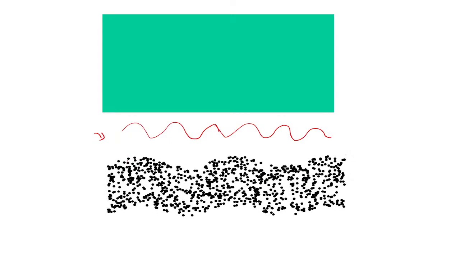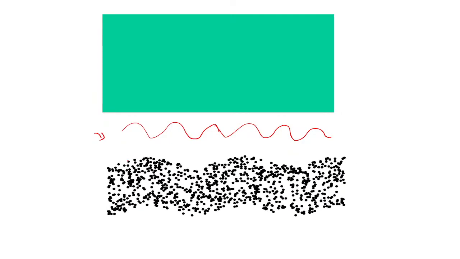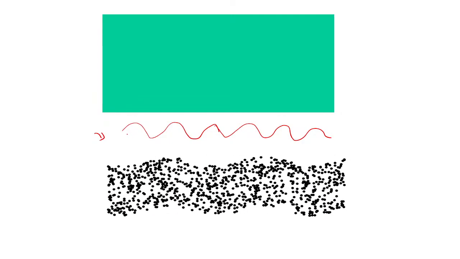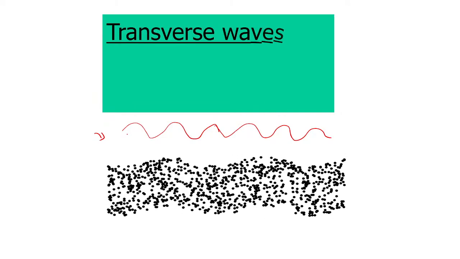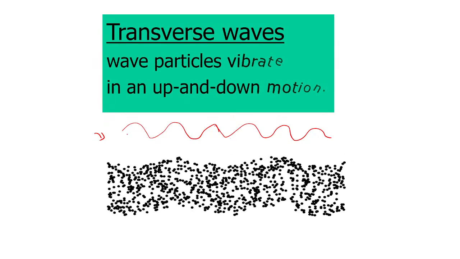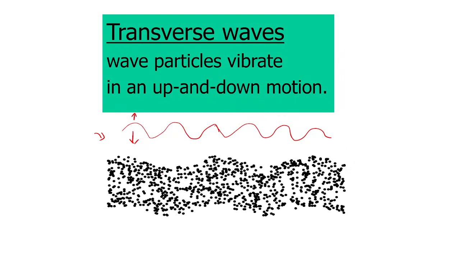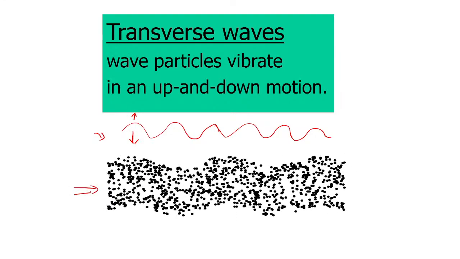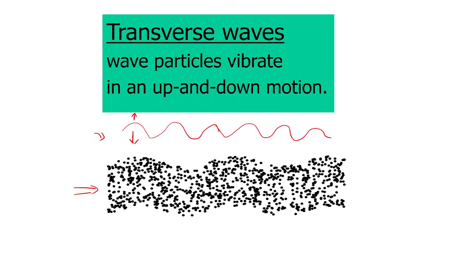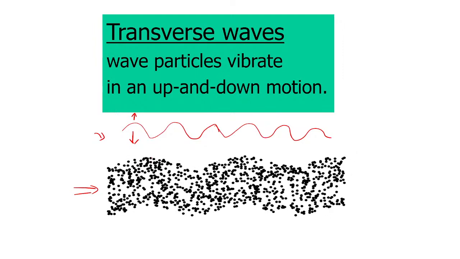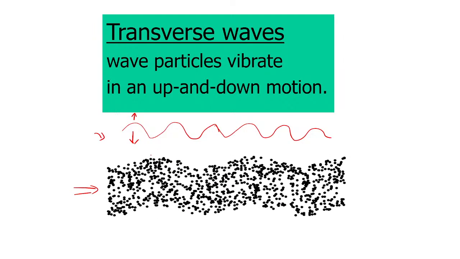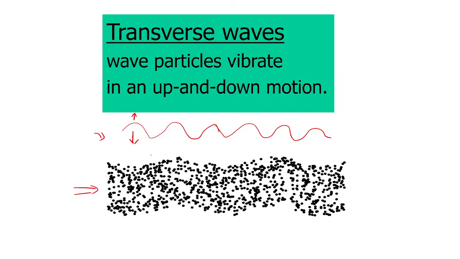The molecules move up and down about the mean position. That's called a transverse wave. In a transverse wave, particles vibrate up and down.